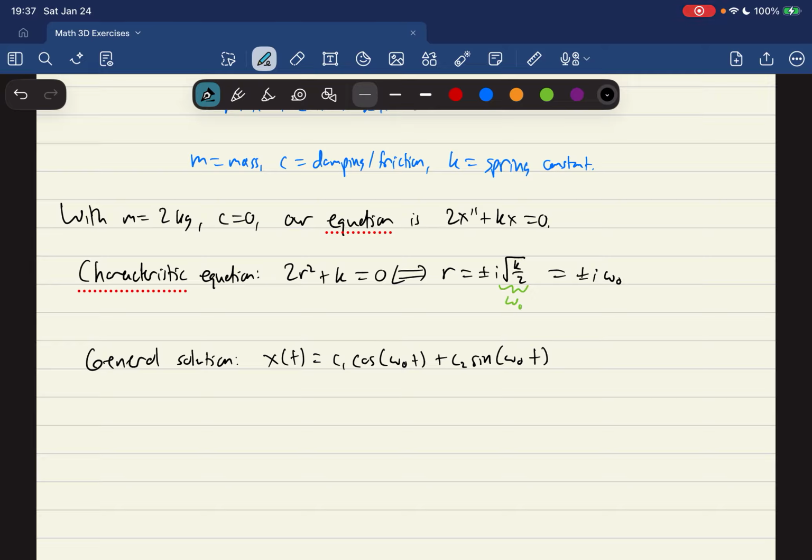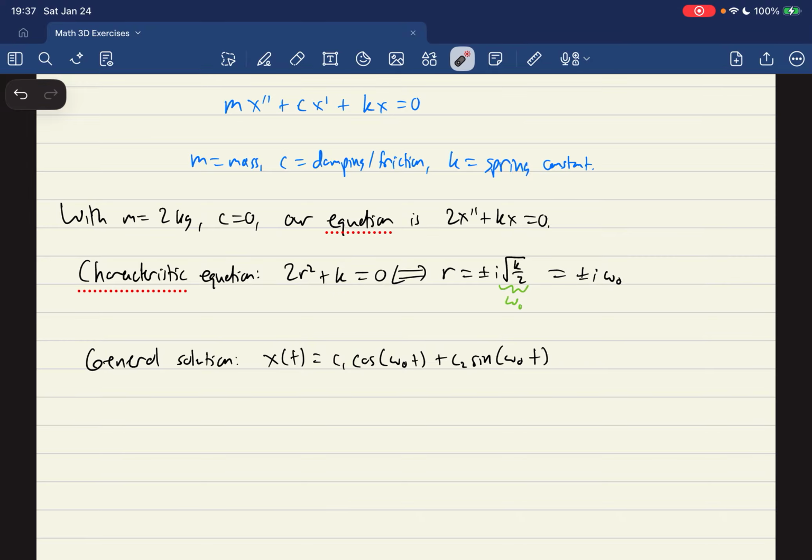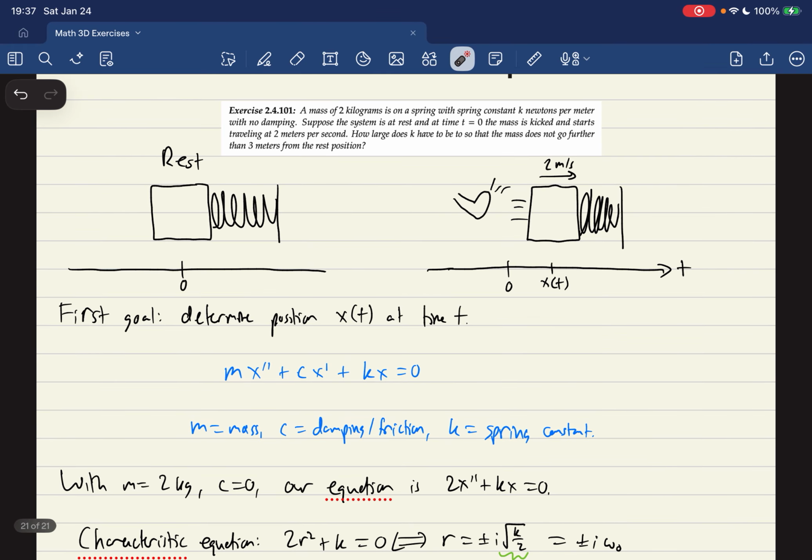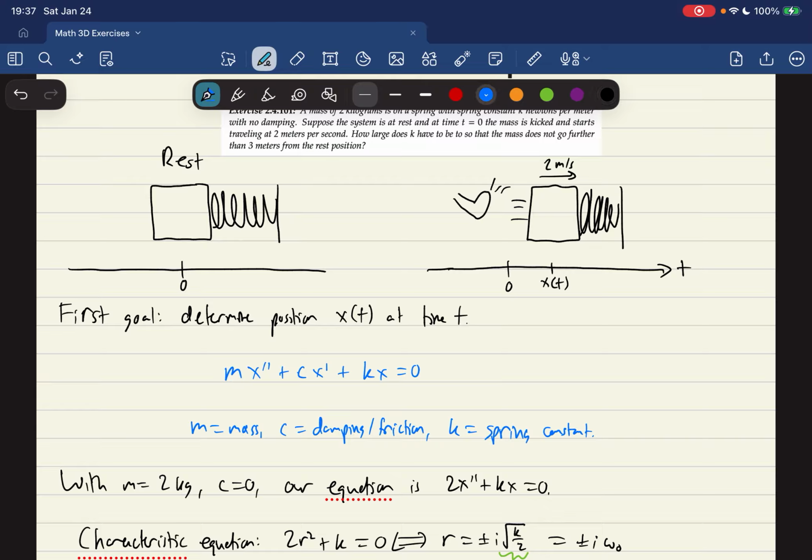And now what we need to do is figure out what these constants c1 and c2 have to be. This is where we need to come back and make use of the data that we were given about the spring. So at time t equals 0, the system is at rest, right? And I chose being at rest to mean that we're at 0 on the number line. Therefore, we have in symbols that x of 0 is equal to 0.